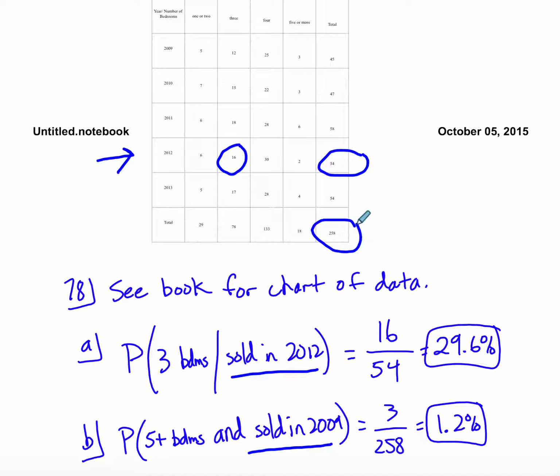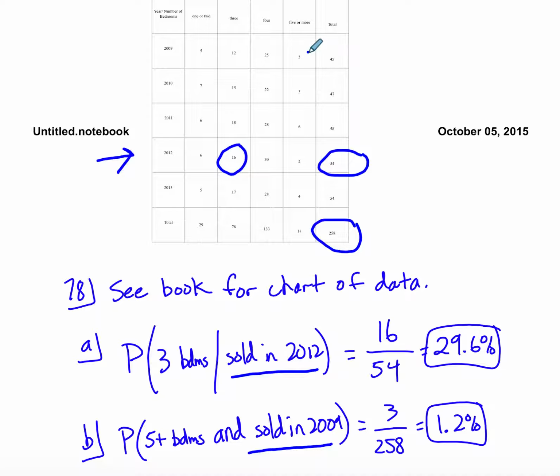I don't know what year the house was sold. I want to know the probability that it has 5 or more bedrooms, which is this row here, and that it was sold in 2009. I don't know for sure that the house was done that way, but that's what I'm looking at.